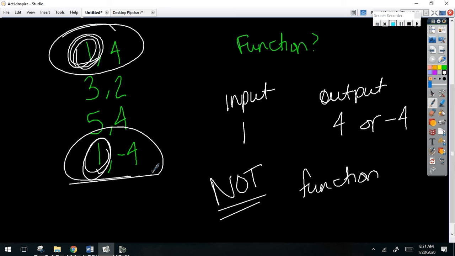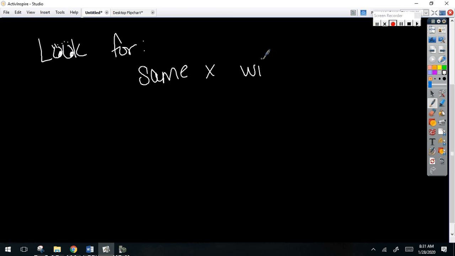Okay? So what you're looking for when you look at points, a table, or a mapping is the same x with different y's.